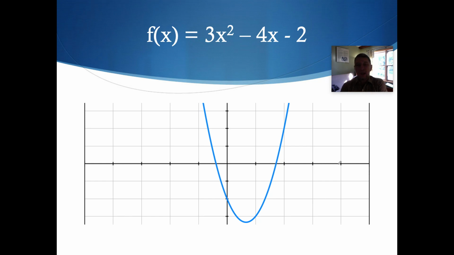This is the graph that I got. There are a couple of different ways that you can approach this, but obviously this point right here is the lowest minimum. So this is not only a local minimum, but also an absolute minimum.